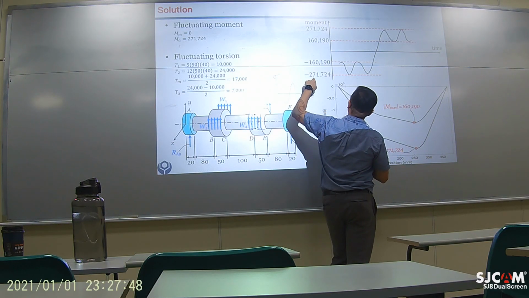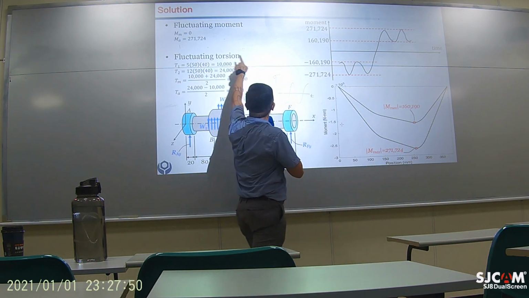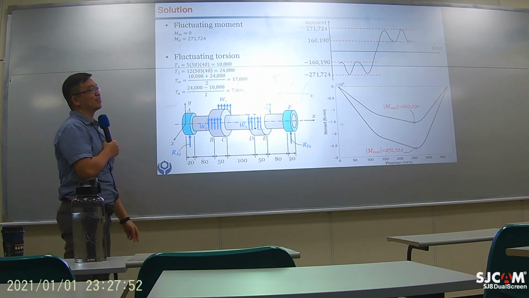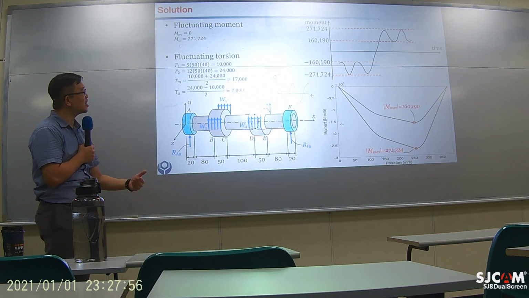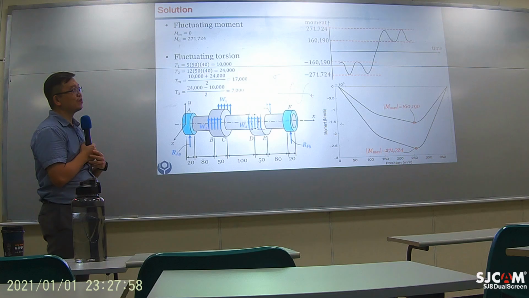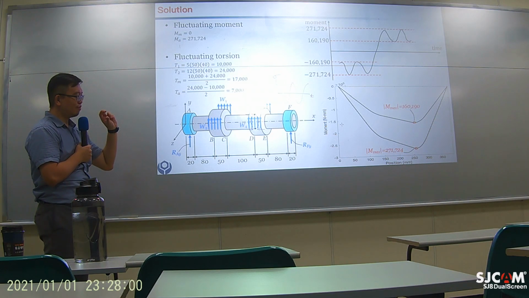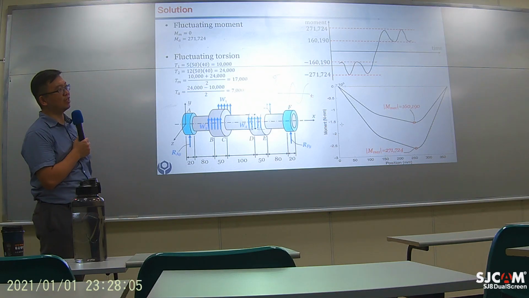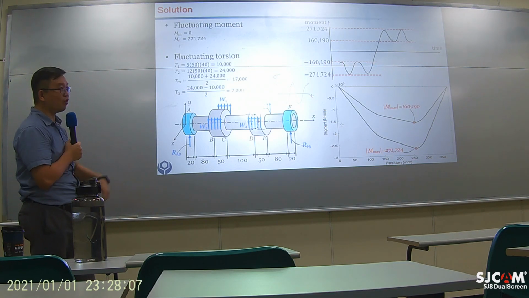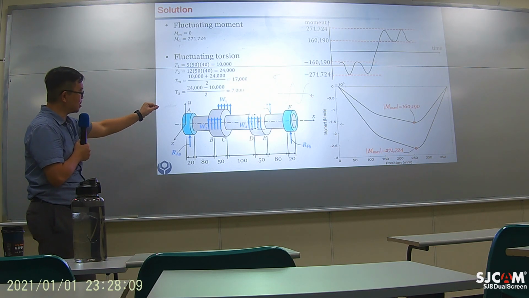The amplitude is 271724 right there. So because of how the shaft is rotating, the fluctuation condition of bending moment is changing a lot for a particular point in the shaft.